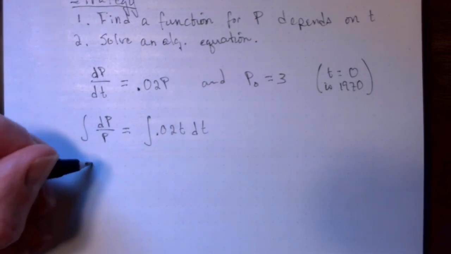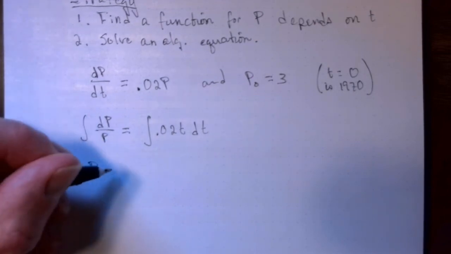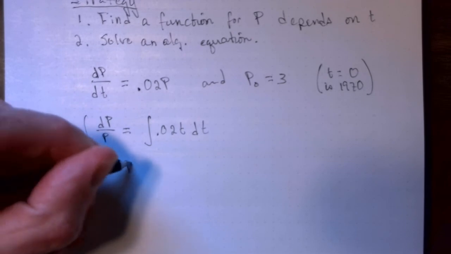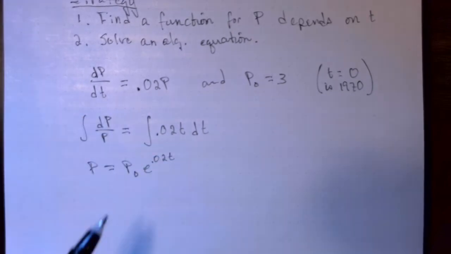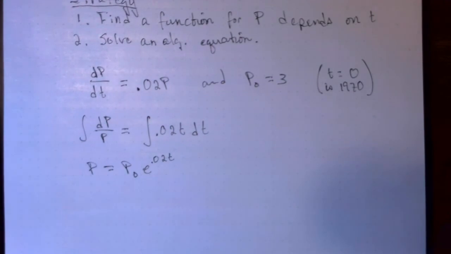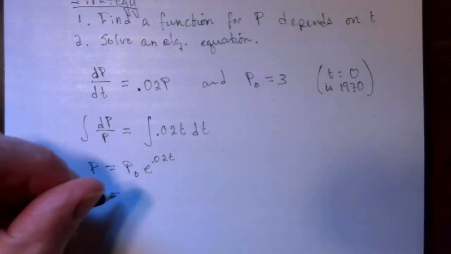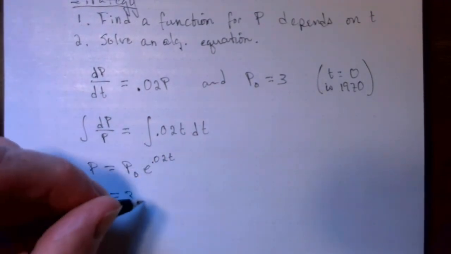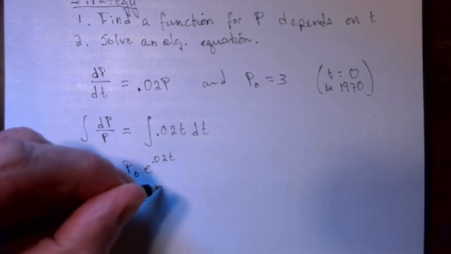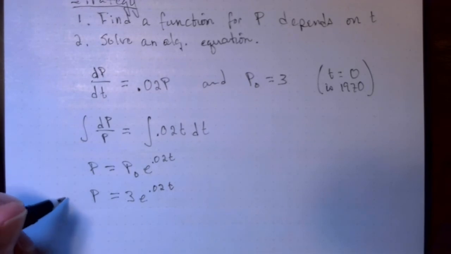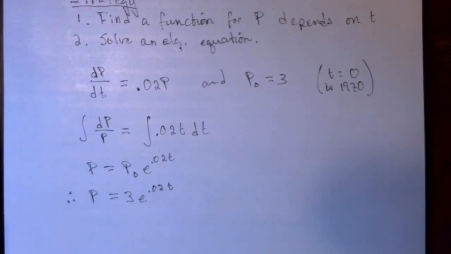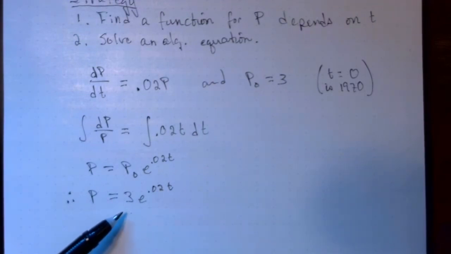And as we saw last time, this leads to a situation like this. And here we know data for the initial condition. Okay, so this is the function that gives us our population at any time t.